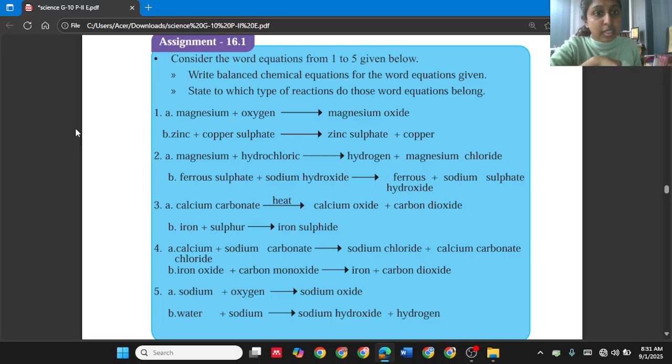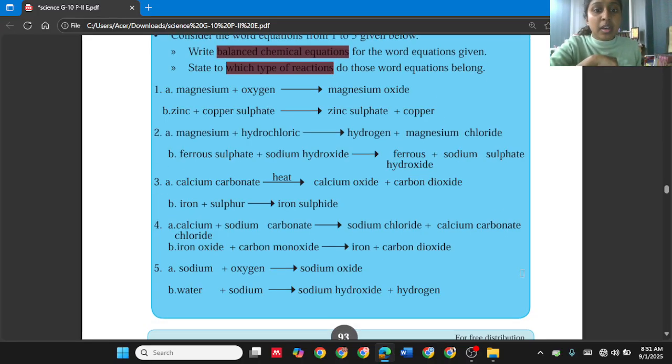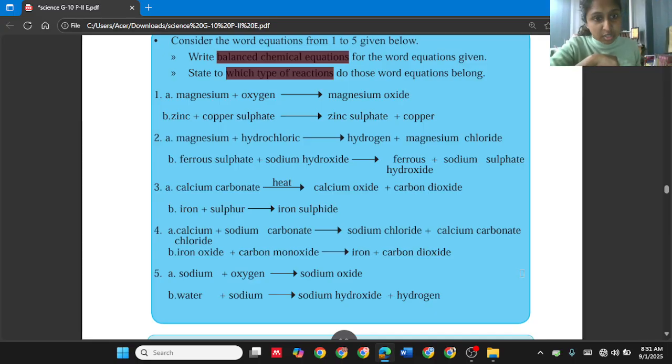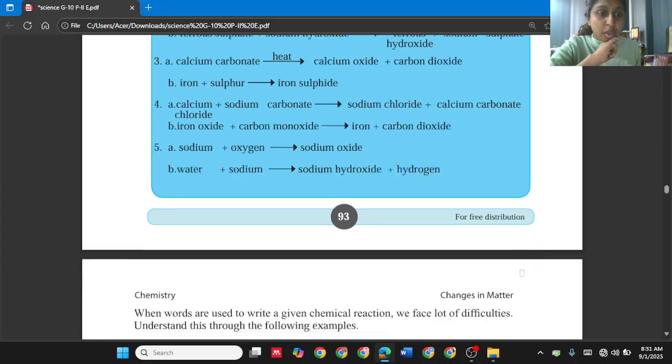So you have to identify which type of reaction it is, after balancing the equation. First you have to balance the equation, then after that find out to which type of reaction the equation belongs.